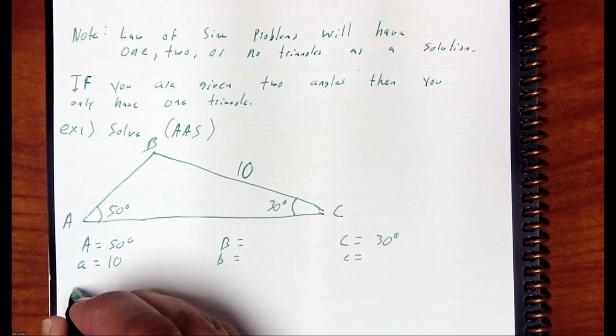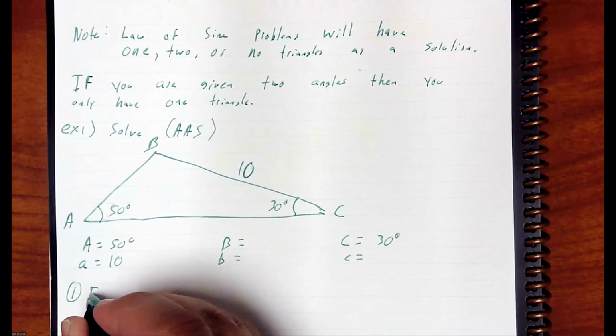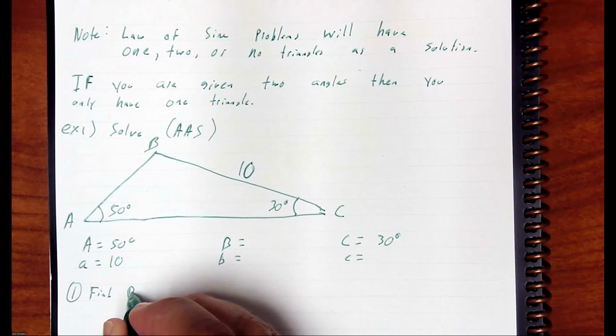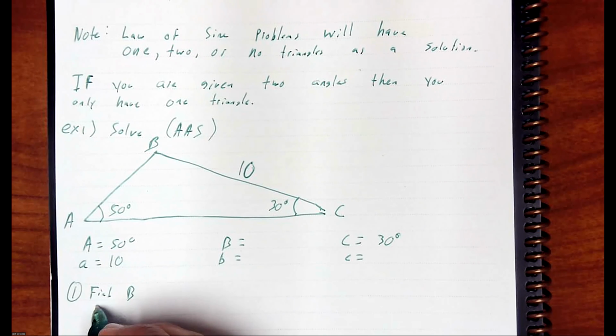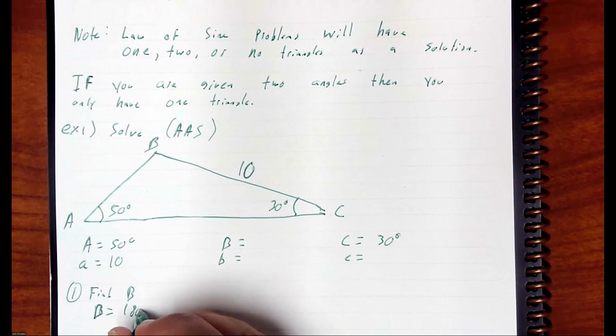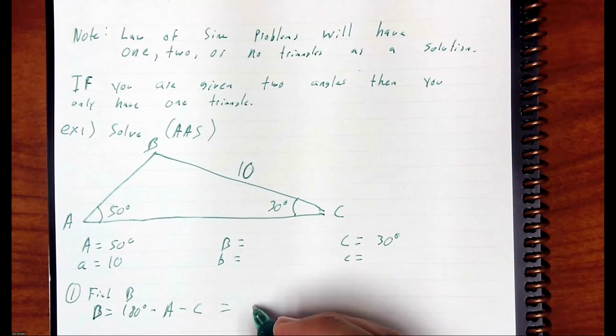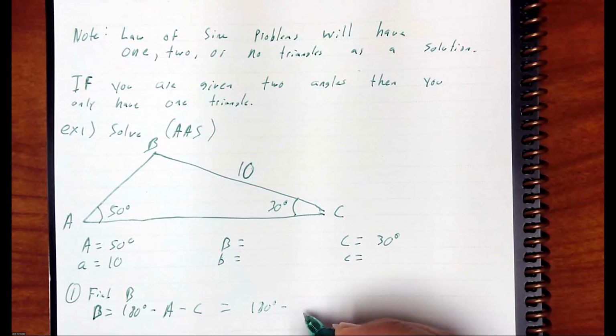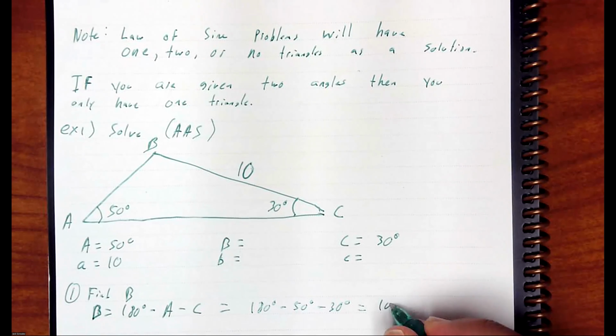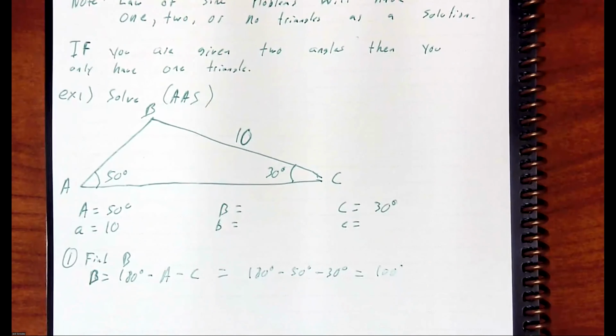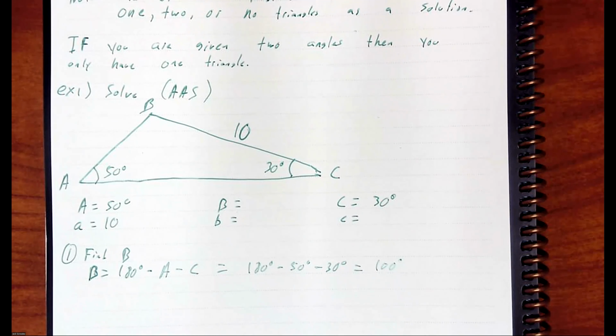So step one, let's find B. You agree that B is simply 180 degrees minus A minus C, which is 180 minus 50 minus 30. So we got B.